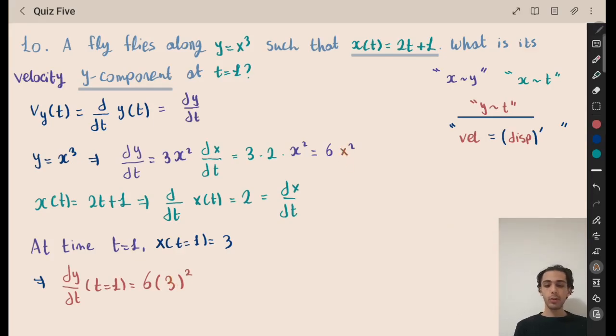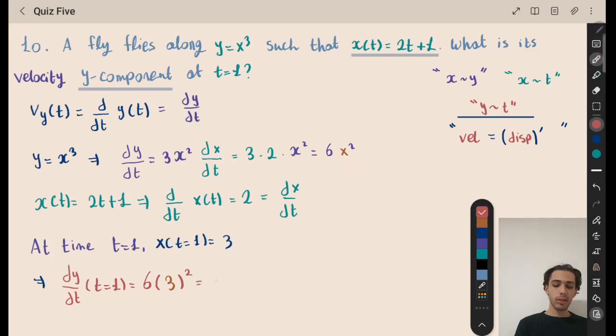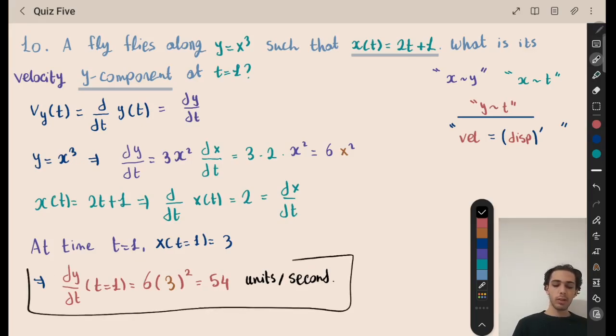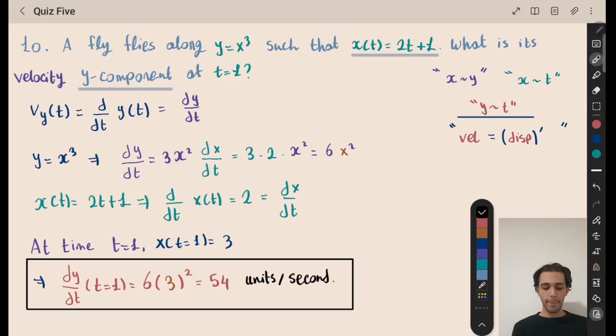We're replacing x with 3. 3 squared is 9, and 9 times 6 is 54. Forgot my arithmetic. But then that is almost it, because you should not forget your units. You could say the velocity is 54 units per second, for example. Units are important.